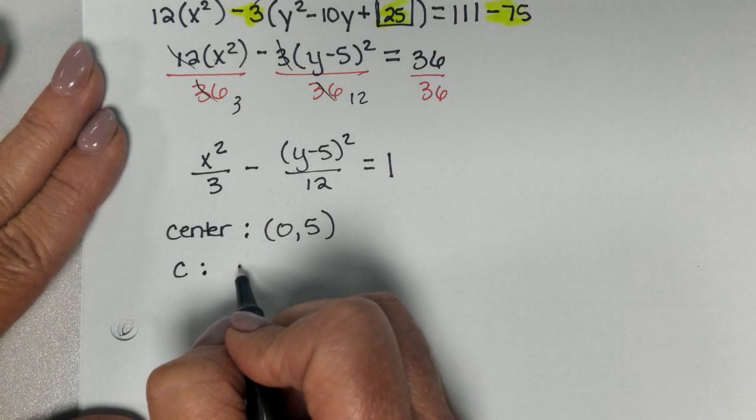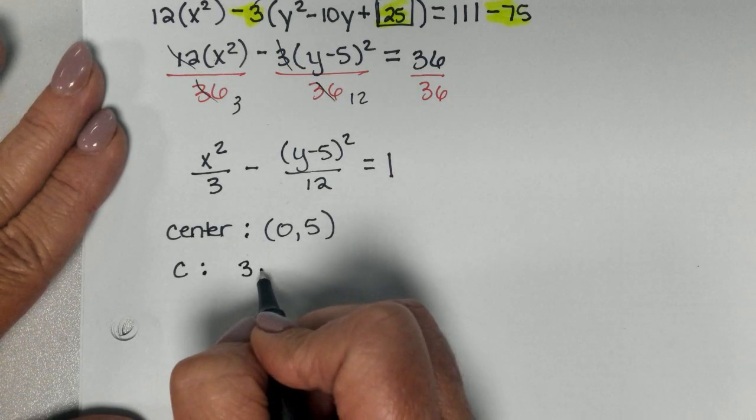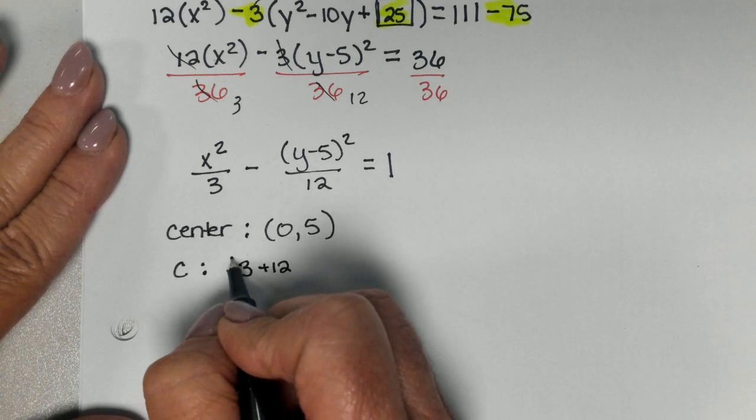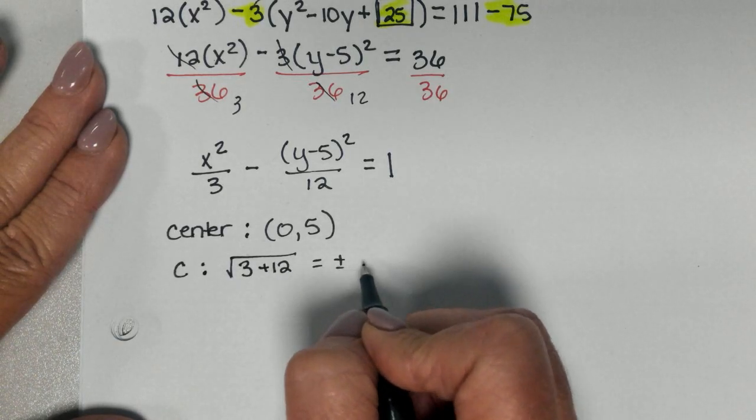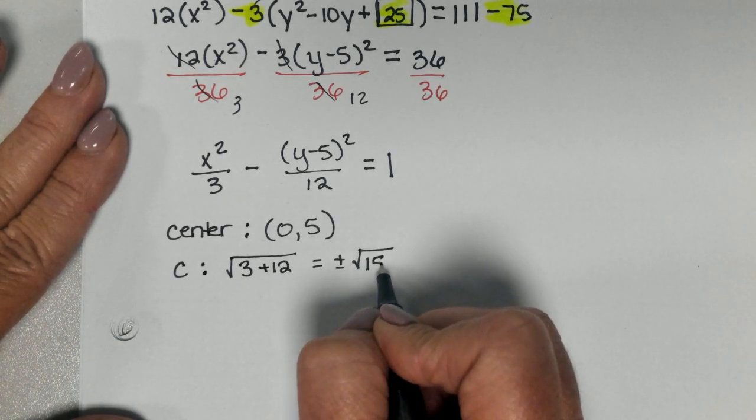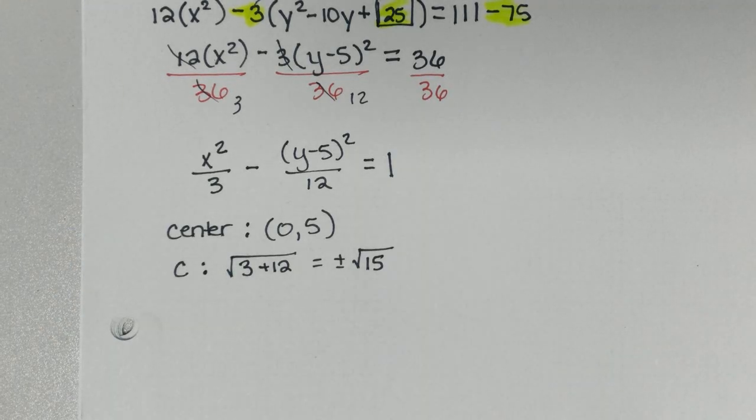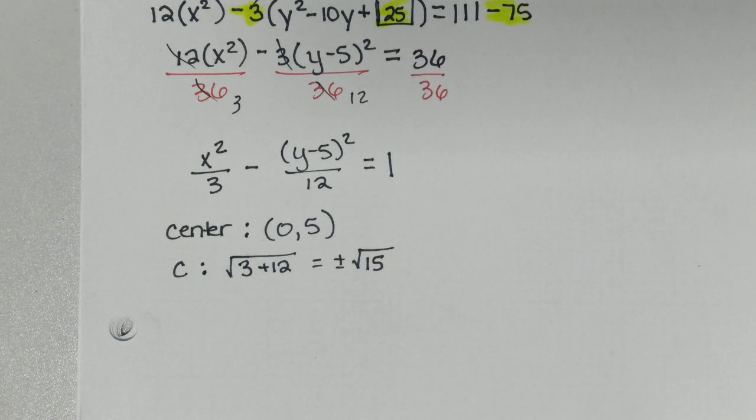So a squared is 3, b squared is 12. So you've got plus or minus the square root of 15. So approximately, what is the square root of 15? 3 point something. The square root of 16 is 4, so it's almost 4. So it could be like 3.8, 3.9.